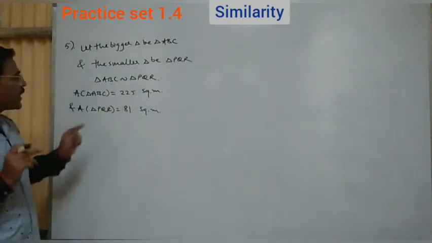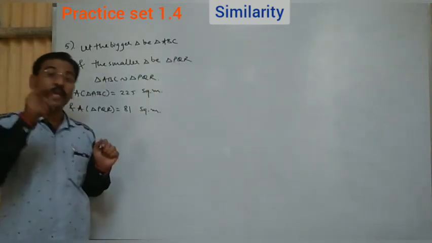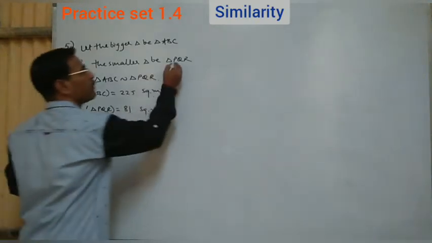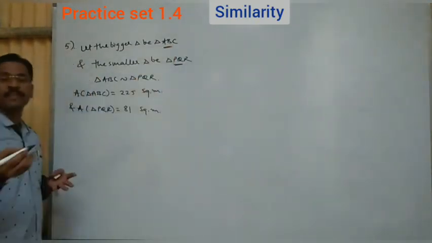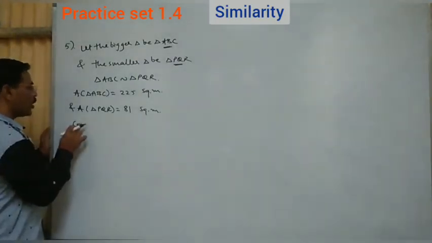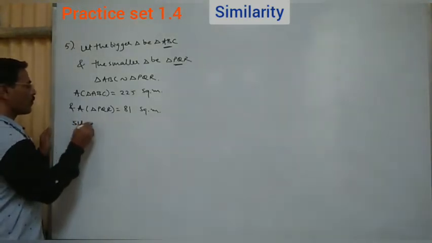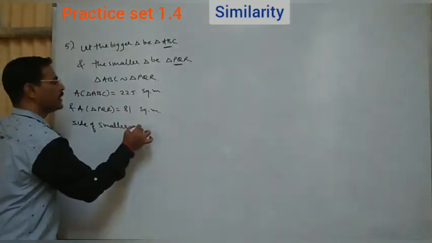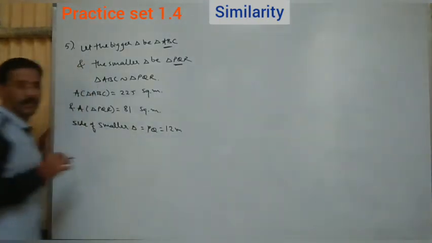Now see here which triangle is smaller. Triangle PQR, and given to us is the corresponding side of the smaller triangle, means we can take here PQ, and we are going to find AB, which is the corresponding side of the bigger triangle. So we'll write here side of smaller triangle, that is PQ, which is 12 meter given to us.